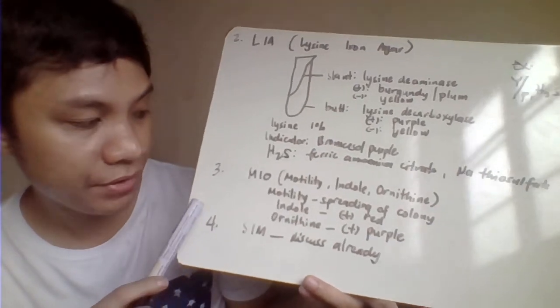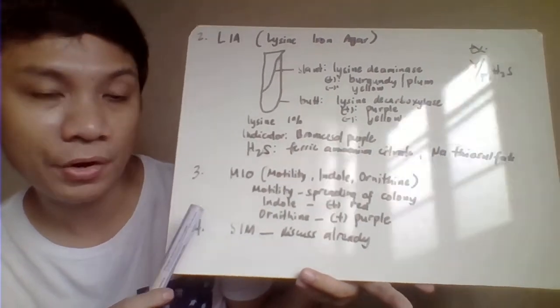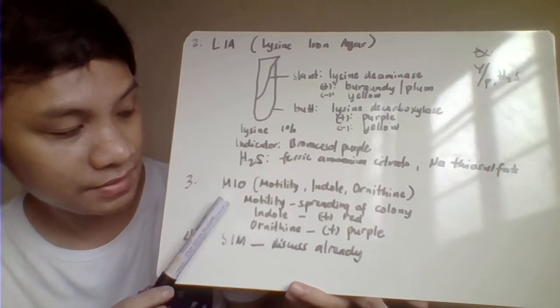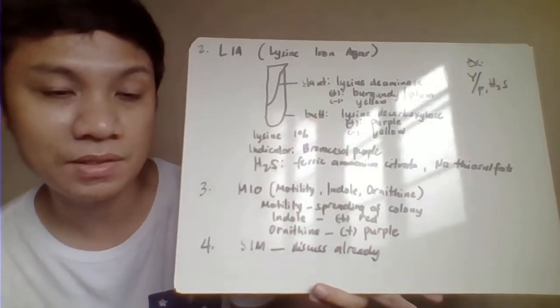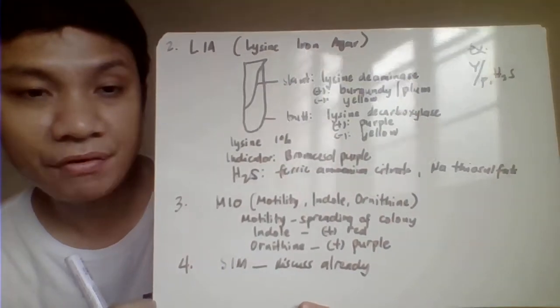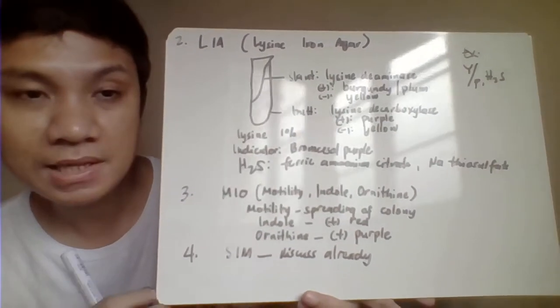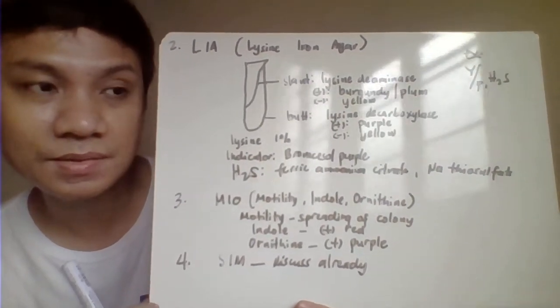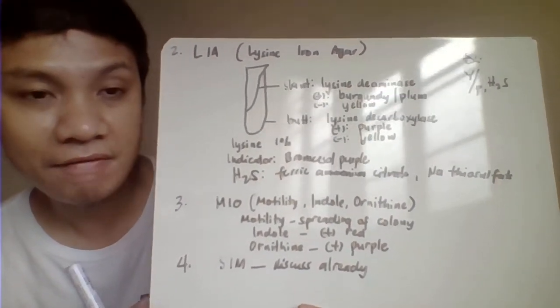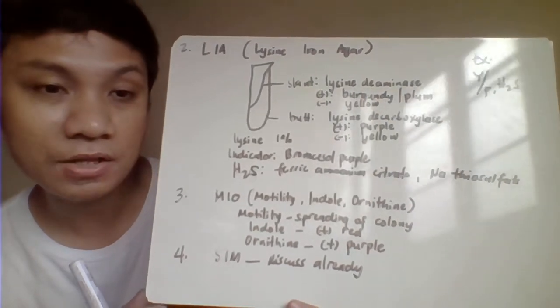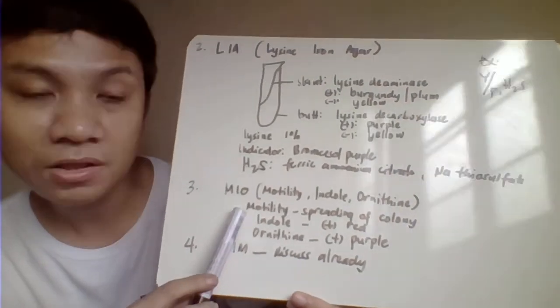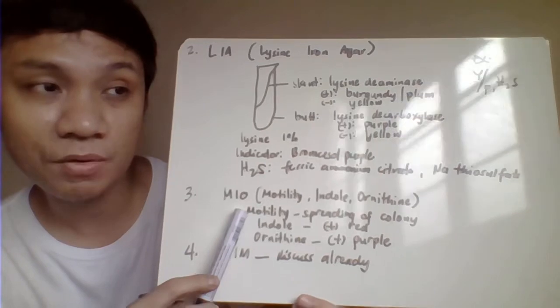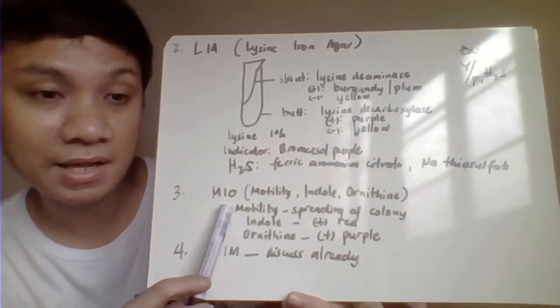Another test, we have your motility indole ornithine. So this is a 3-in-1 test that would identify the test result for your motility. Motility would be identified here by the spreading of the colony from the area where you inoculated your organisms. Indole here would give a positive result upon addition of your Kovac's reagent, red color.